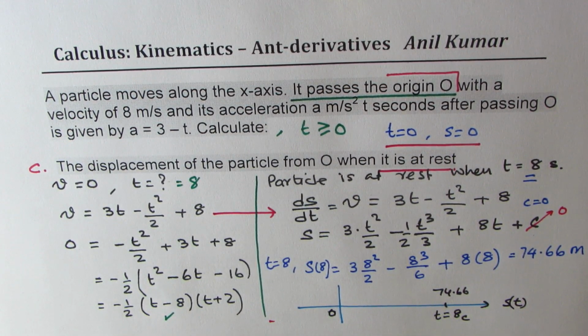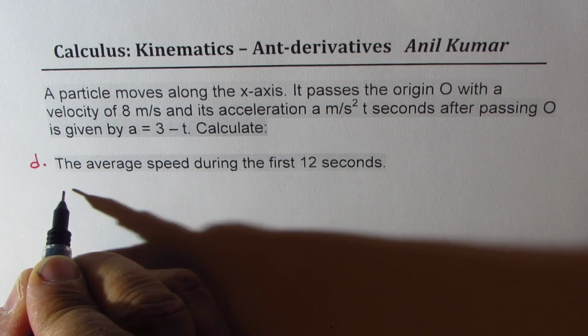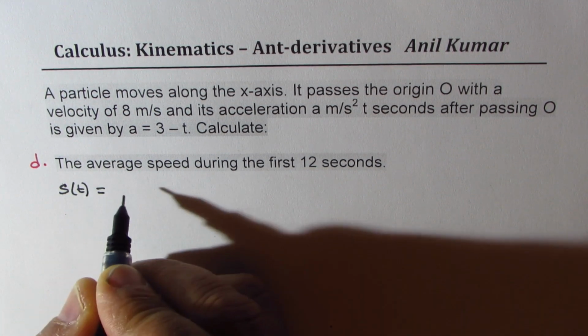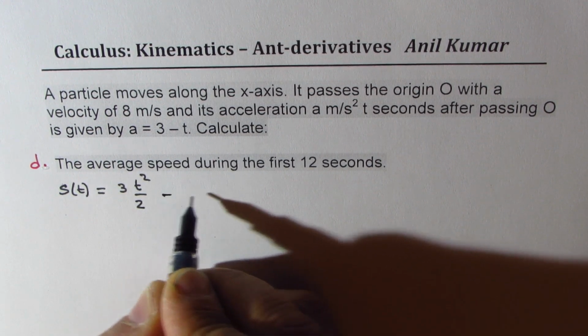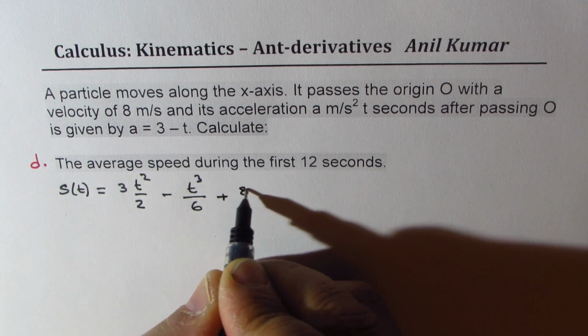So now let's move on and do the next part, which is to find the average speed during the first 12 seconds. In the previous part, while calculating the displacement, we got an expression for displacement, right? So we found that the displacement s at any time t is given by 3 times t square over 2 minus t cube over 6 plus 8t, right?